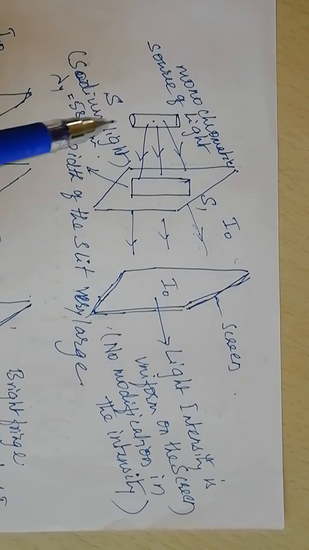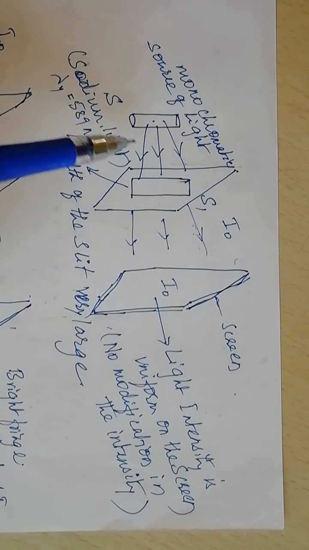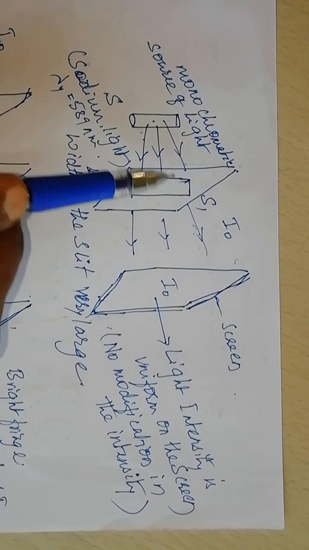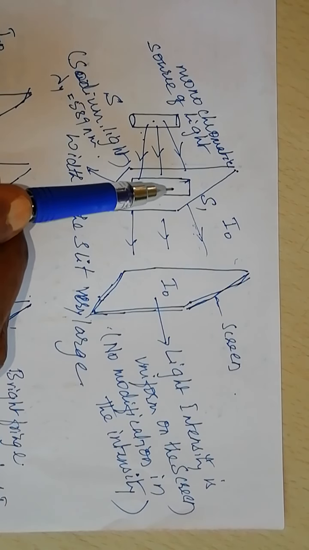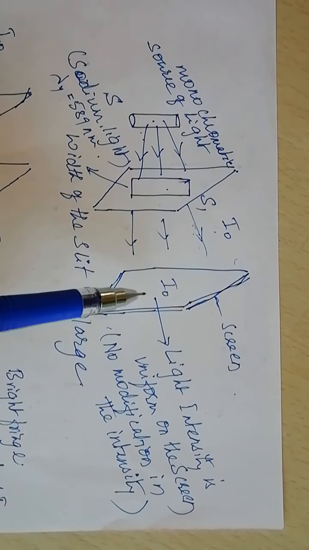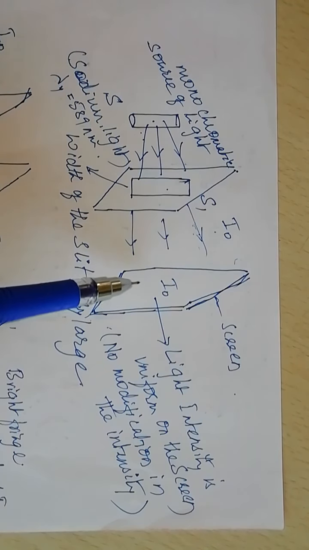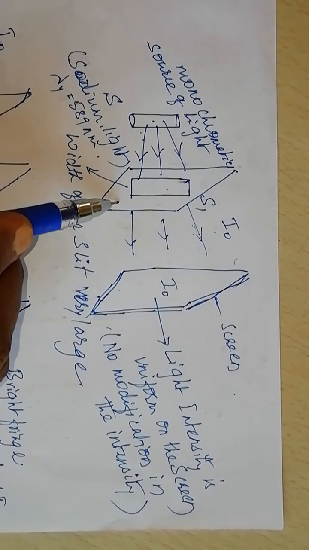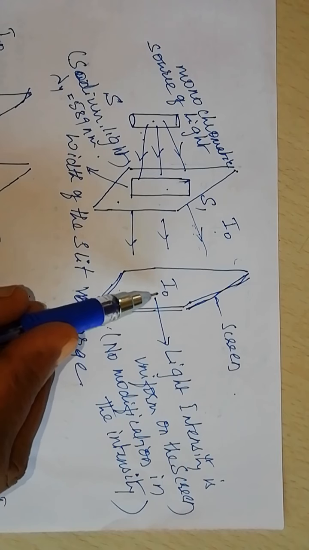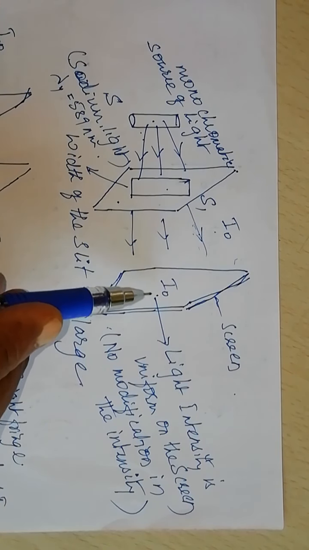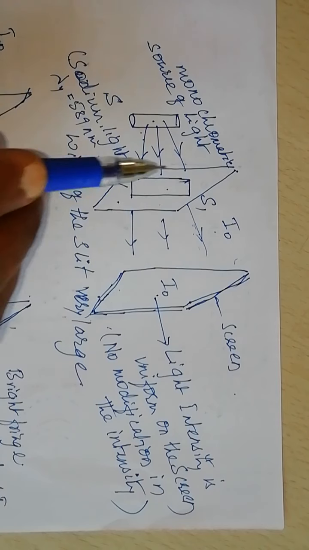Here the intensity of light coming from the source is say I naught. The intensity of light transmitted through the slit is also I naught. The intensity of light on the screen, placed at a suitable distance from the single slit, is also I naught. So there is no modification in the intensity of light.